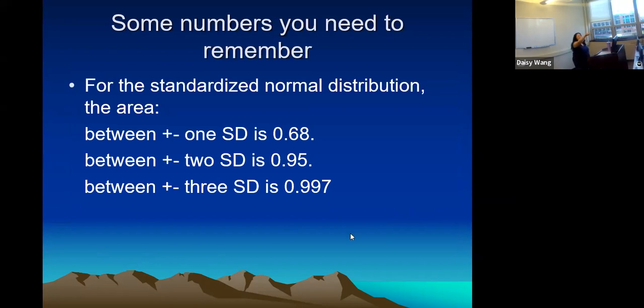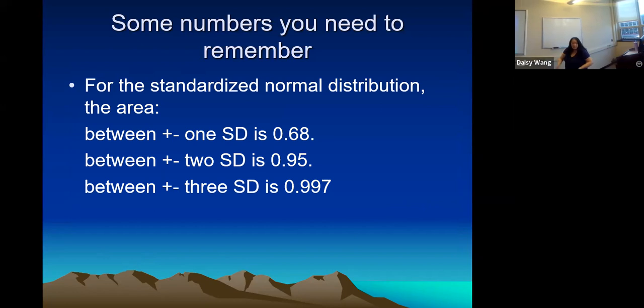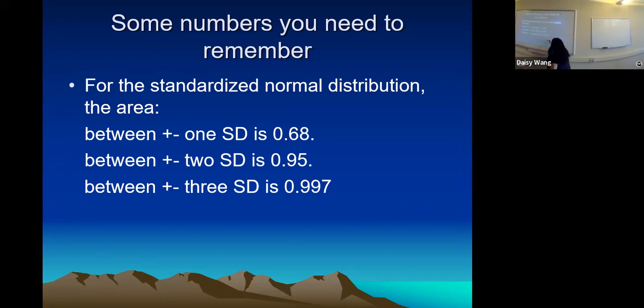And then this goes back to what you asked. So plus or minus 1 standard deviation is usually 68% of the possibility.